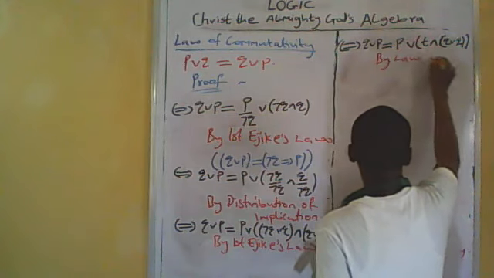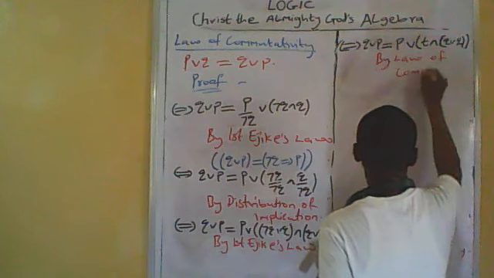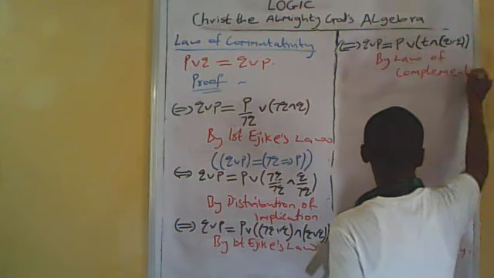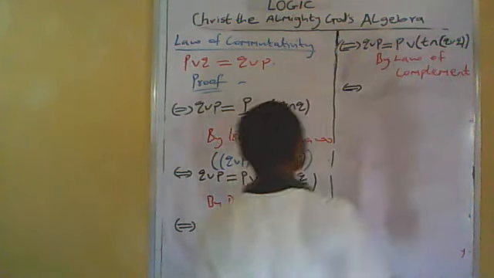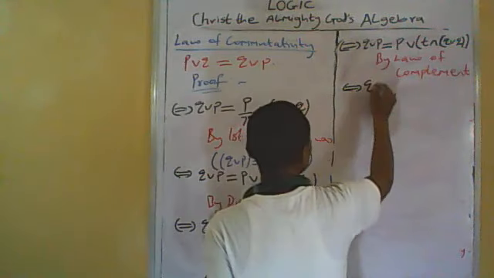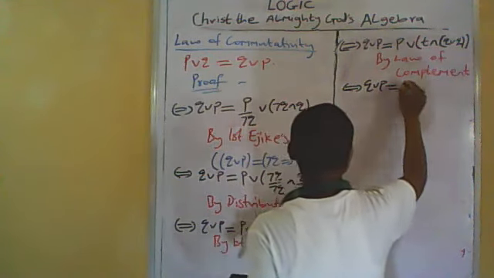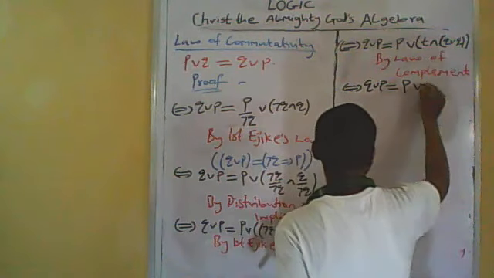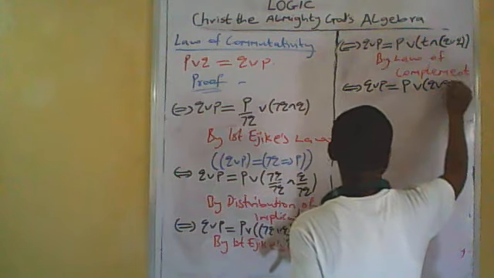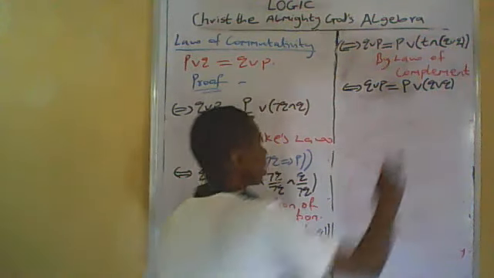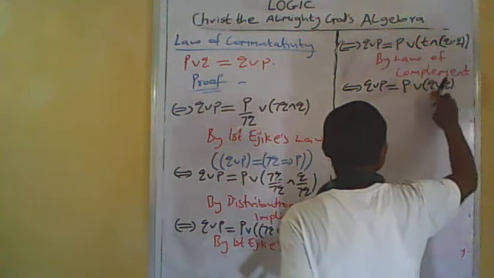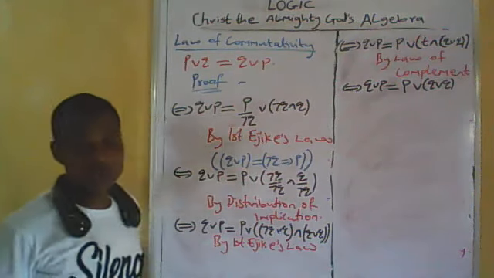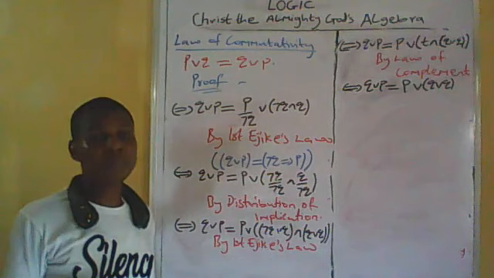By law of complement. If and only if Q or P is equal to P or bracket Q or Q. You will see that this tautology and bracket Q or Q is equal to Q or Q, because whenever a tautology is AND with any term, it is equal to that term by law of identity.